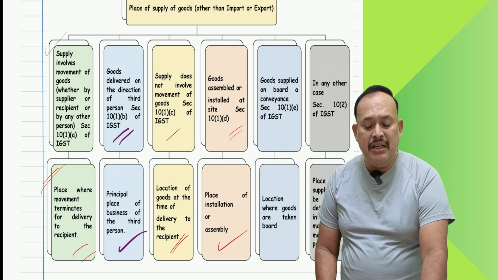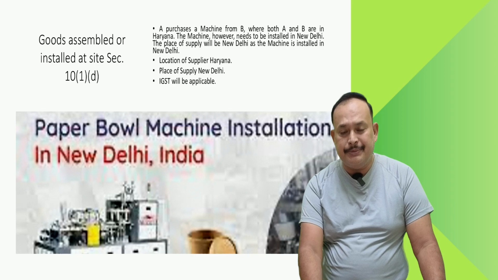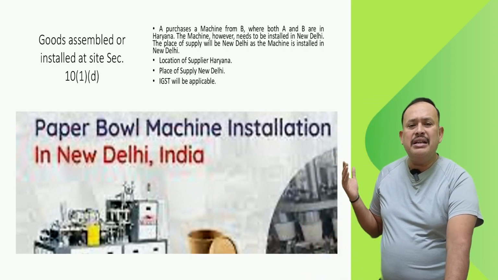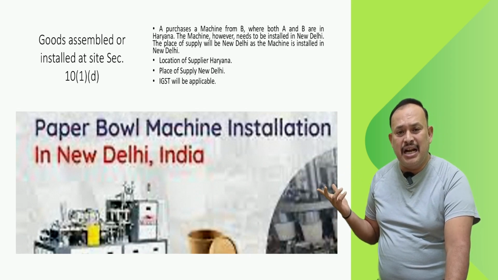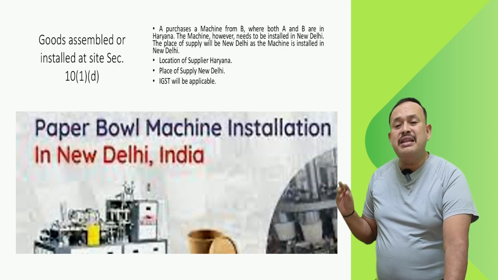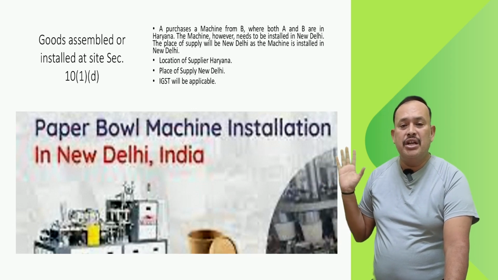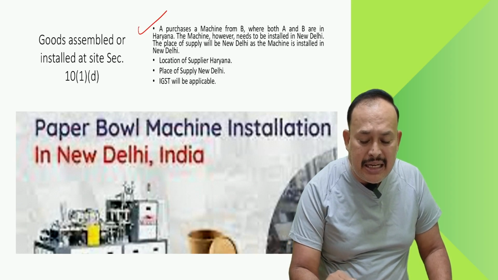With the help of simplified examples I am going to bring to notice. Goods are assembled or installed at the site. Section 10(1)(d) of the IGST Act is about where the assembling took place, where the installation took place. If you refer to my reference, one example I am going to bring to notice gives clarity.